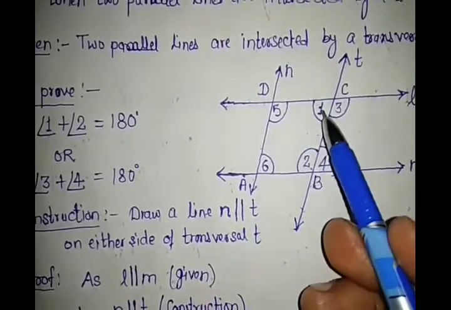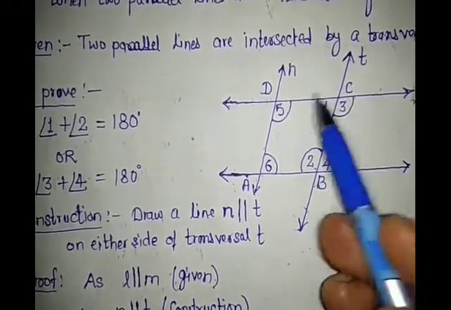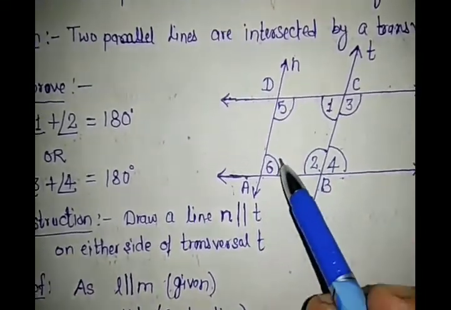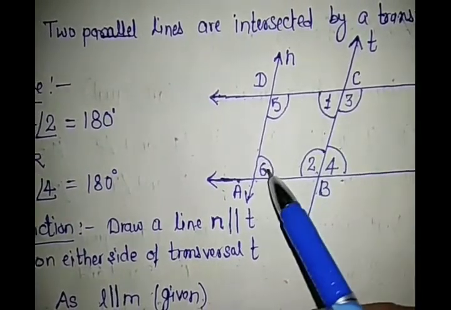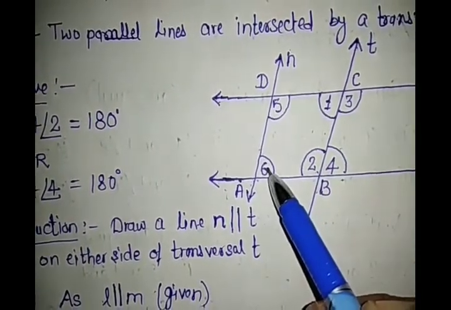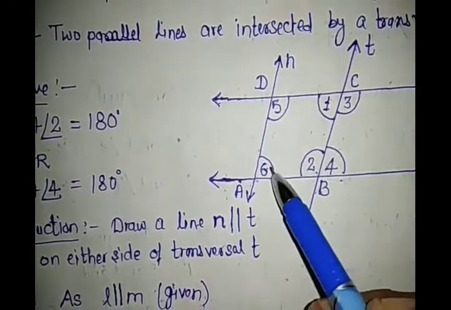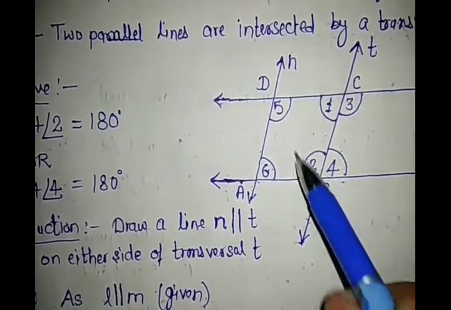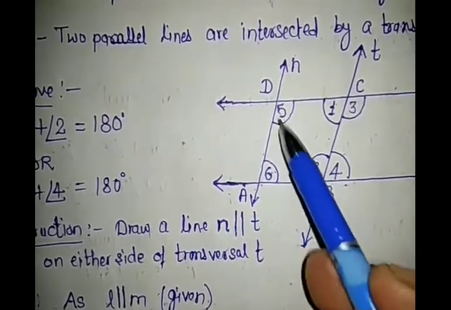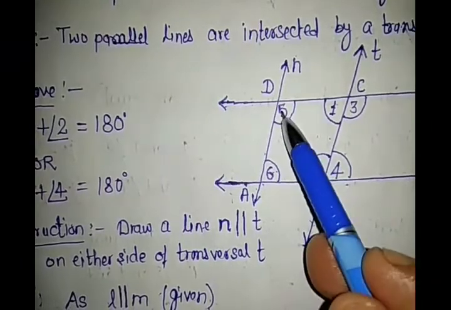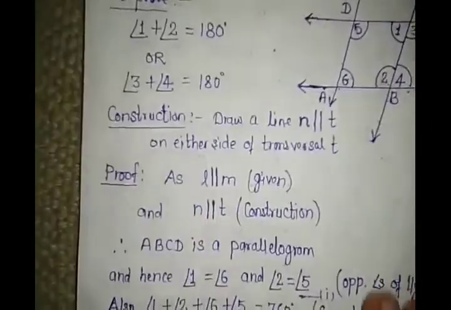So ABCD is a parallelogram and angle 1 and angle 6 are opposite angles, so these angles are equal. Similarly, angle 2 and angle 5 are opposite angles of this parallelogram, so these two angles are also equal.